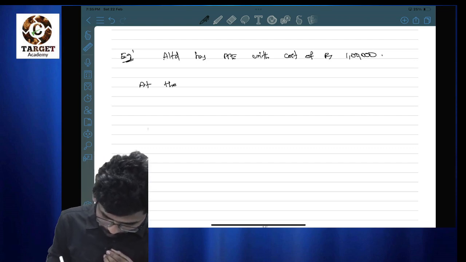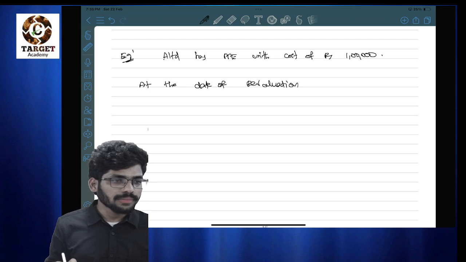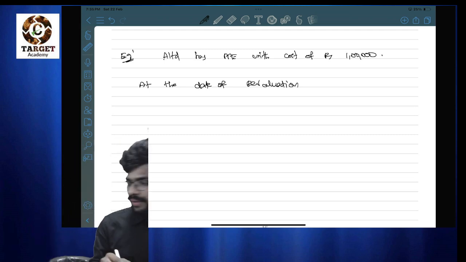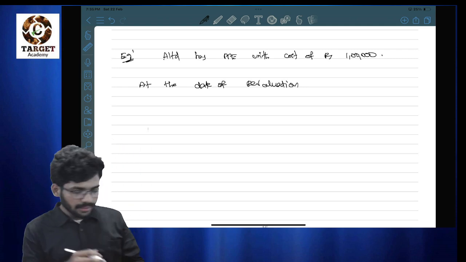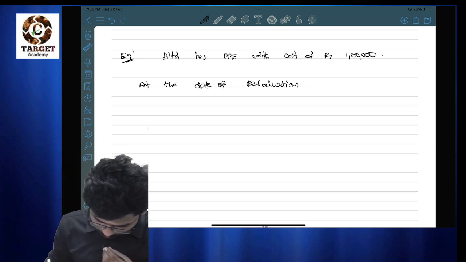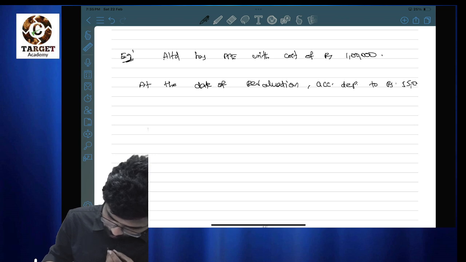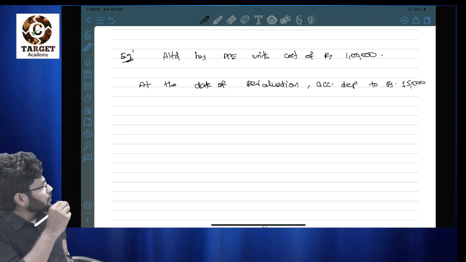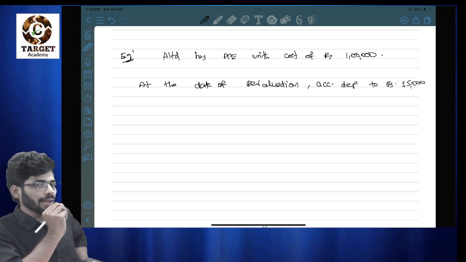Next, at the date of revaluation, accumulated depreciation is rupees 55,000. At the date of revaluation, accumulated depreciation is rupees 55,000.